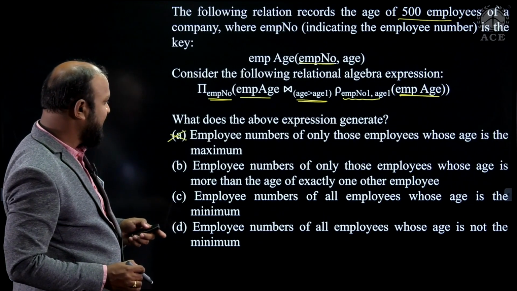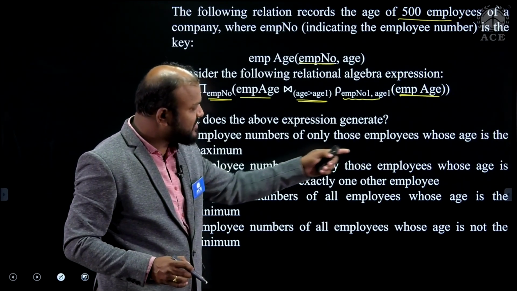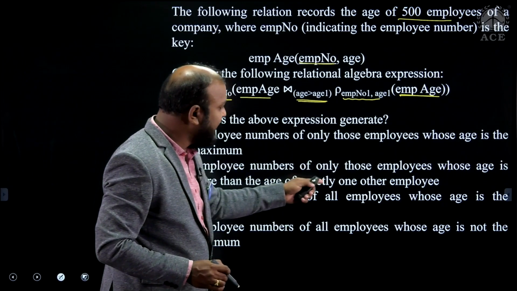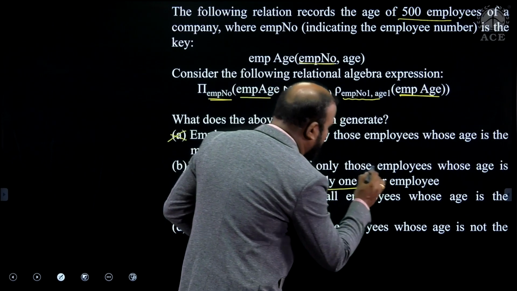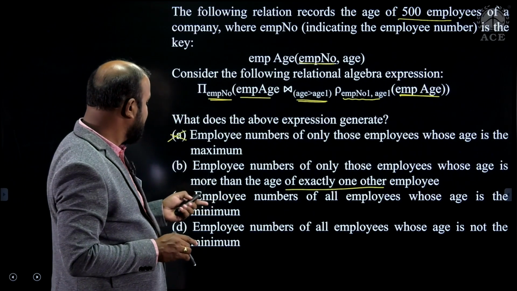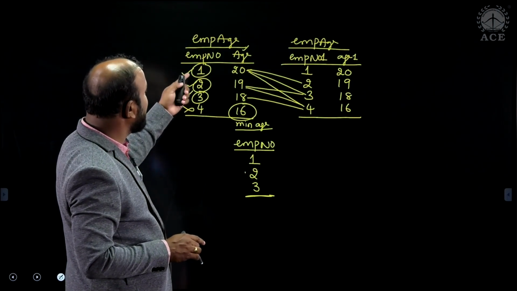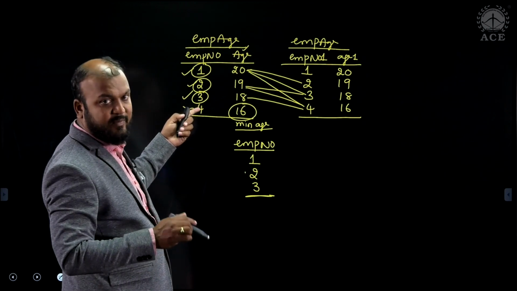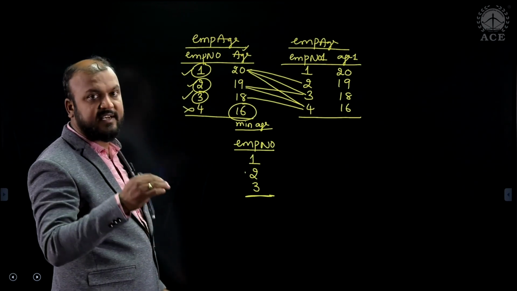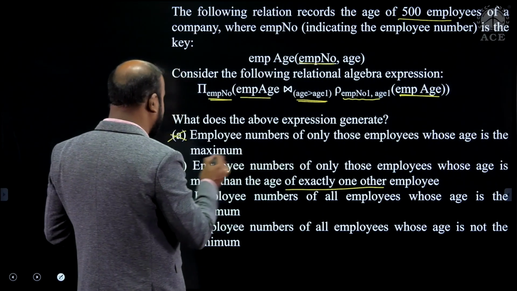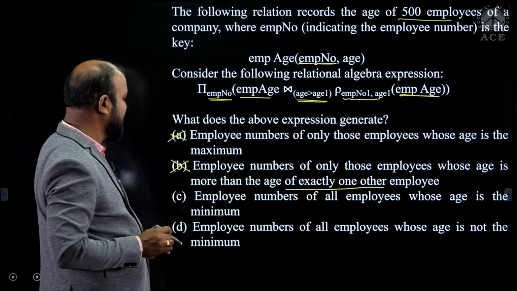Option B, employee numbers of only those employees whose age is more than the age of exactly one other employee. Here you can see employee 1 age is greater than 2, 3, 4. It means employee 1 age is greater than 3 employees. But what option is given? Exactly one other employee. So option B is wrong.